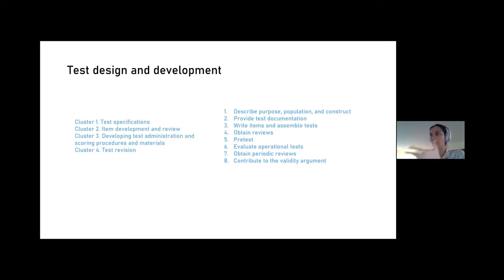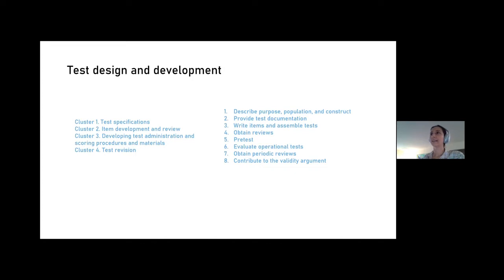Developers should ensure each claim made about the test takers on the basis of the test scores. And they should support this by a cohesive, comprehensive, and convincing validity argument. And all this comes with developers complying with the standards relevant to their work.